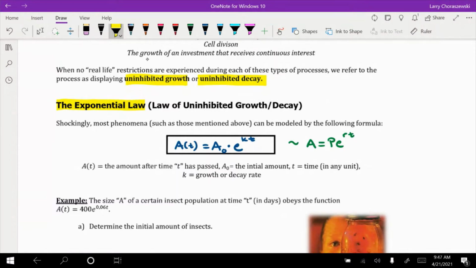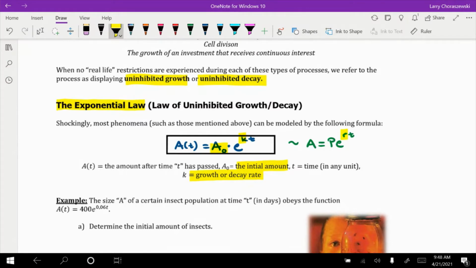Instead of P, we have A sub 0, which stands for the initial amount. We still have the base e, and in the power we have k instead of r. And what k refers to is the growth or decay rate. So if it's exponential growth, it would be the growth rate. If it's exponential decay, it would be the decay rate.